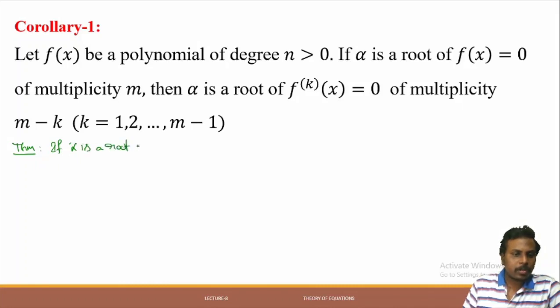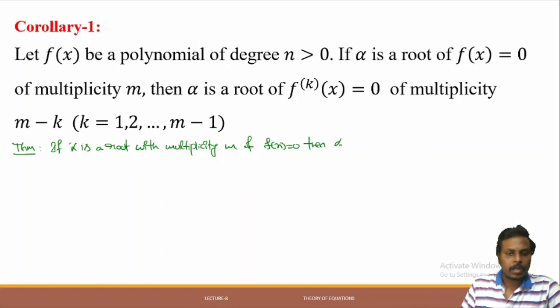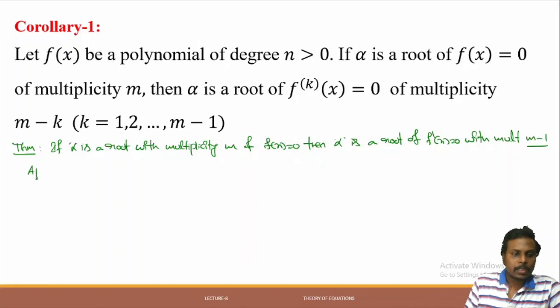If alpha is a root with multiplicity m of the equation f of x equal to 0, then alpha is a root of f dash x equal to 0 with multiplicity m minus 1. Now apply the result for f dash x.